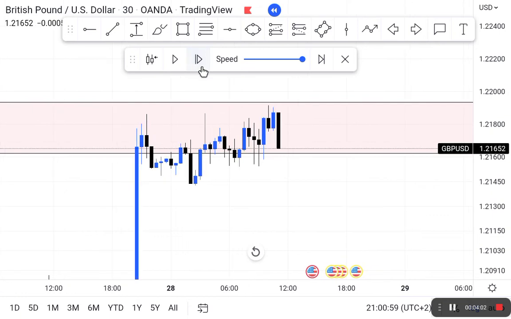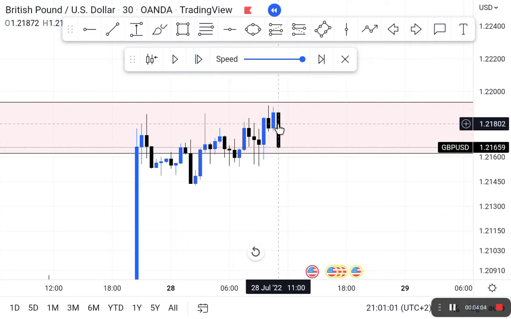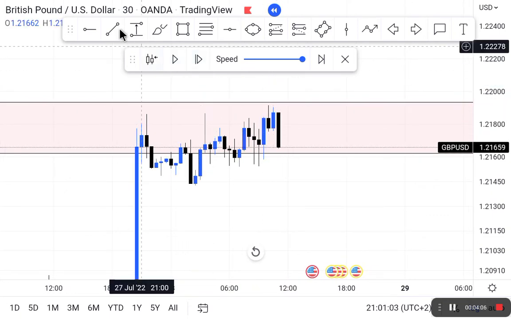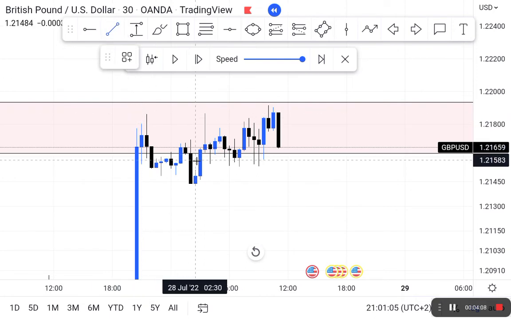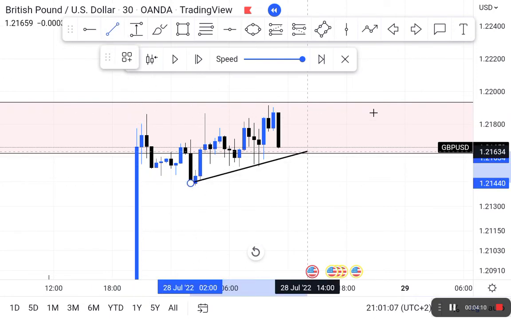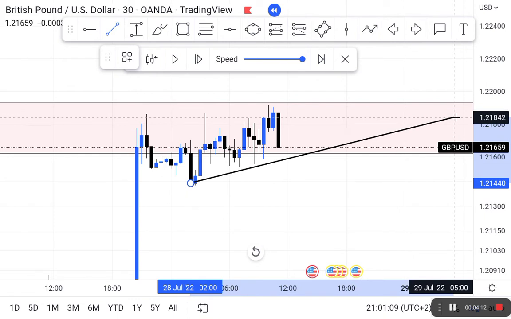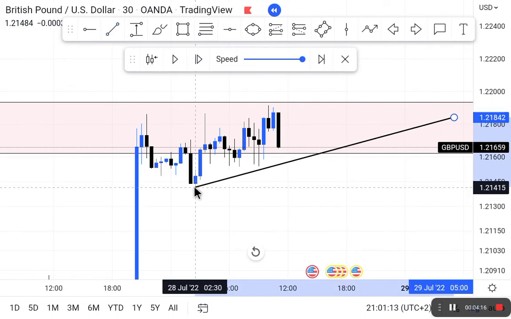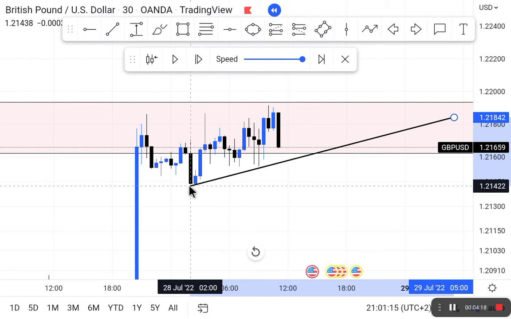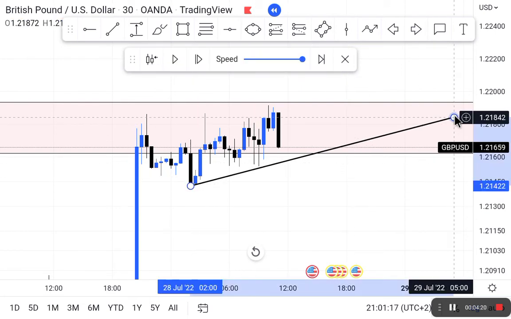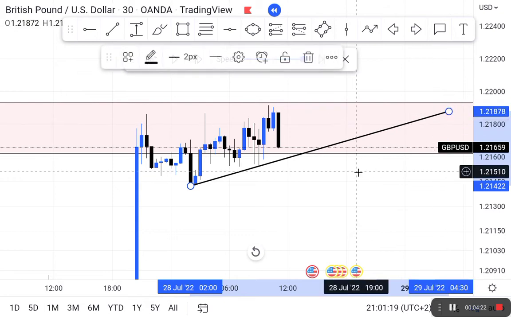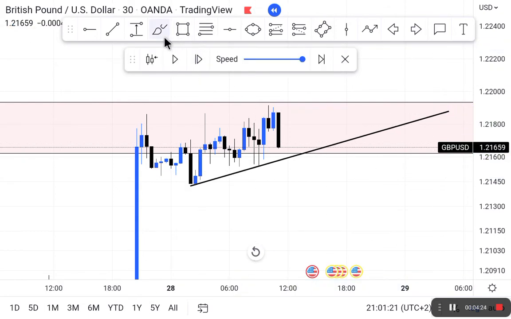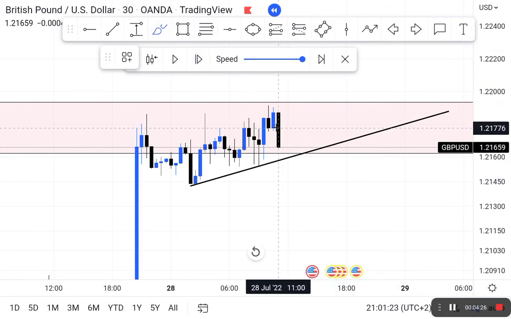And over here, what I am seeing now that we are in London session, I can draw an ascending trend line on the lows. So with this ascending trend line, what can I potentially anticipate? If we can break this trend line, it will indicate a change of market structure on the lower time frame.